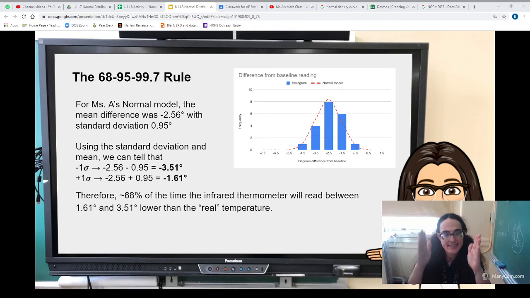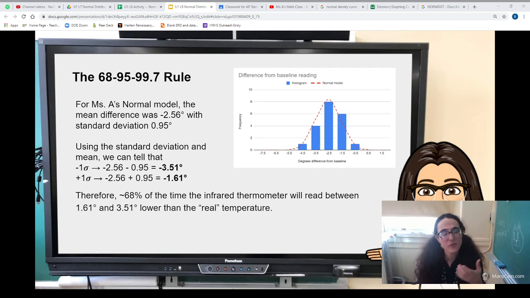So what I can say is that about 68% of all of my readings are likely going to be within this interval. Or another way of saying that is, there is a 68% probability of a reading having a difference that falls in this range.